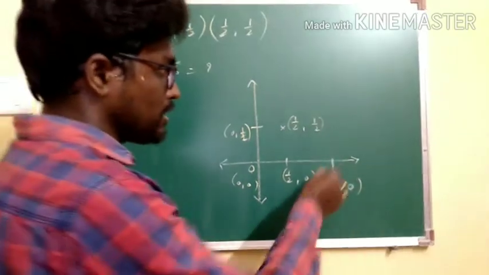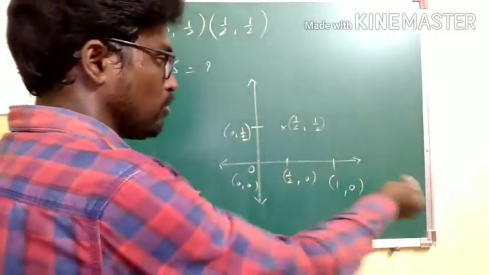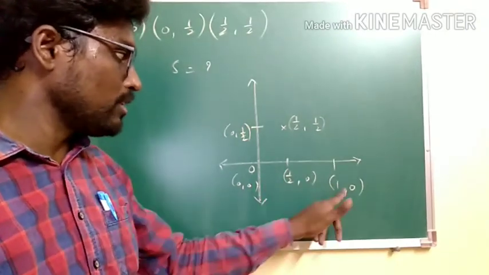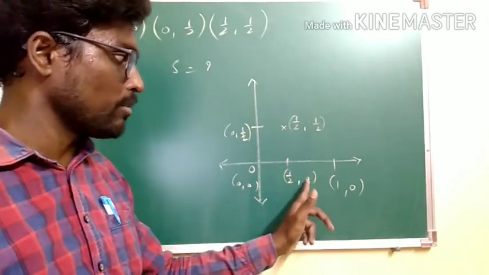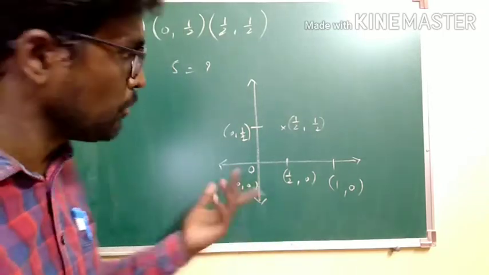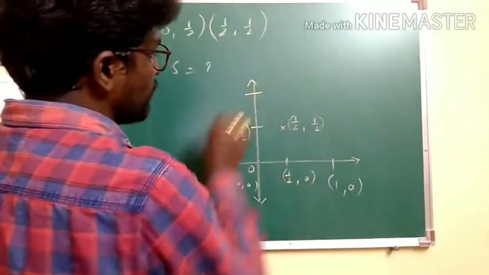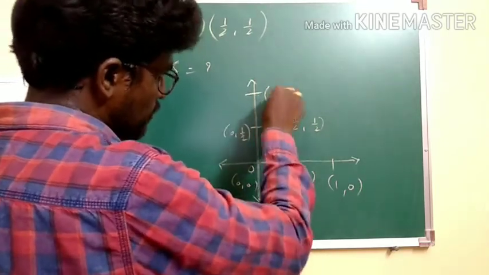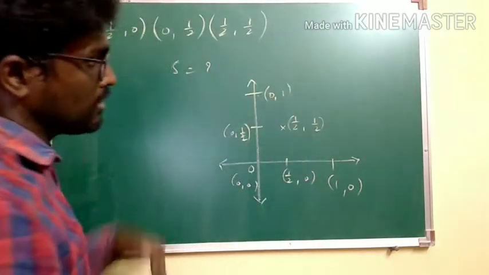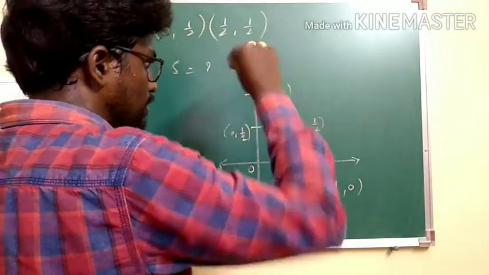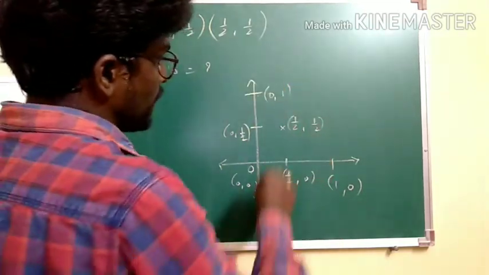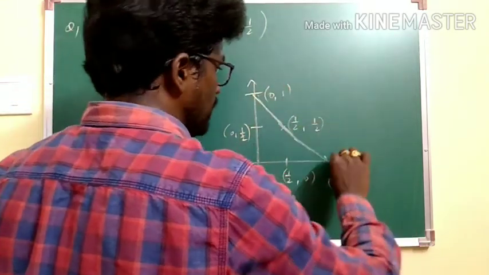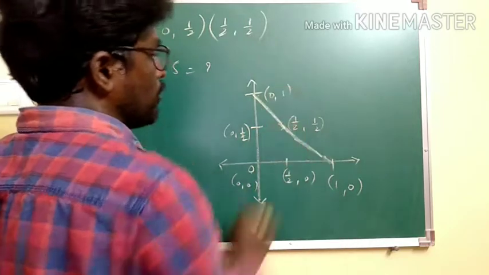One extreme point of the triangle is definitely 1, 0, because the midpoint of these two is (1 plus 0)/2, (0 plus 0)/2, which is 1/2, 0. Similarly, if you take the midpoint of this line segment, you will get 0, 1 as the extreme point. Now let's connect these. If you connect the coordinates, you will get something like this.